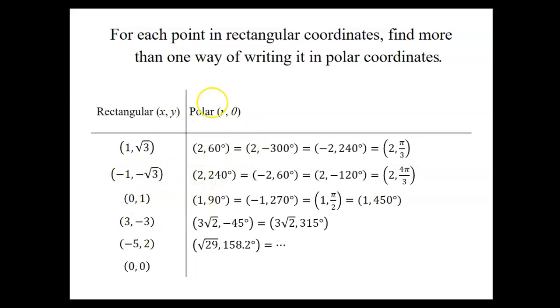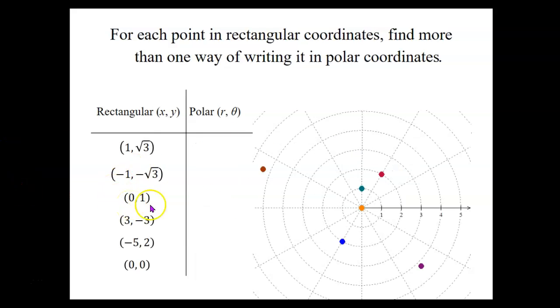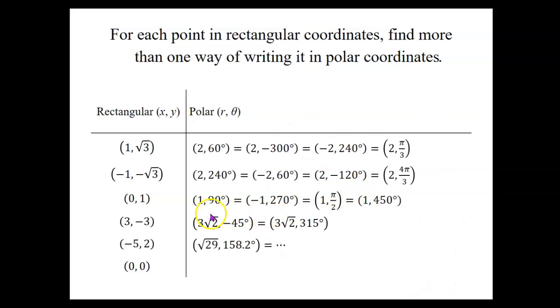The point (0, 1), remember where that was, just right here on the y-axis, is where r is 1, because we're 1 unit away from the pole, and theta is 90 degrees, or pi over 2.